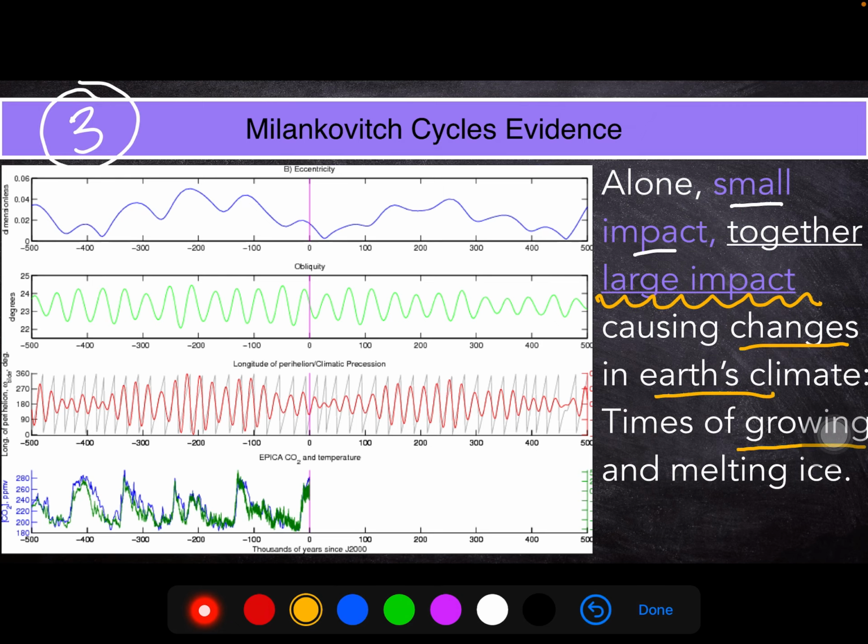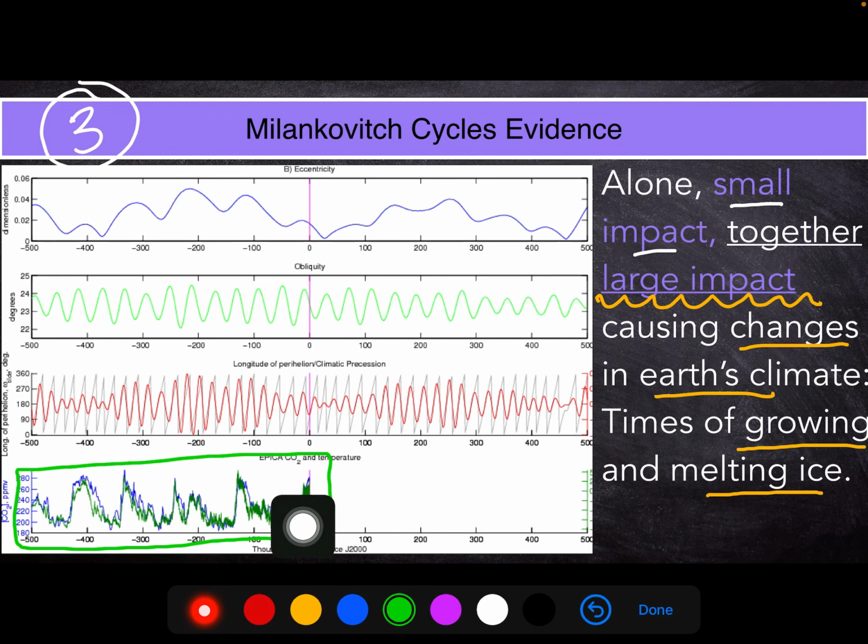Major times of ice growth, like ice age, and major times of ice melt. So again, individually, each one of these cycles does not have an overarching impact on the globe, but when the elliptical shape aligns with the extreme orbit, aligns with the furthest distance for winter, that's when everything starts to click and all the data together looks pretty familiar.